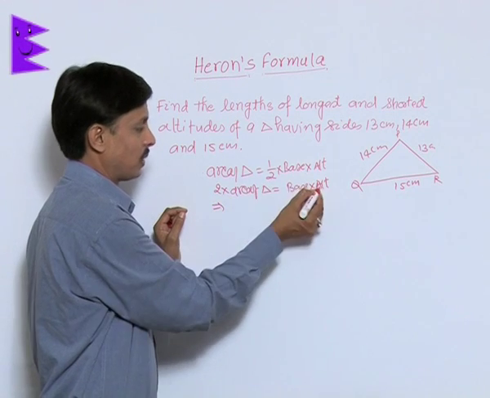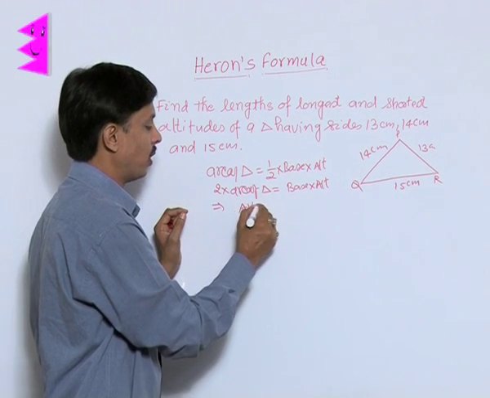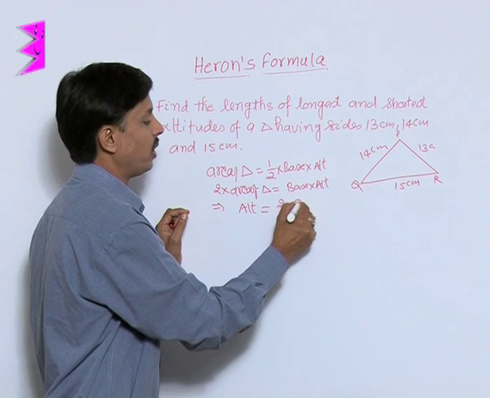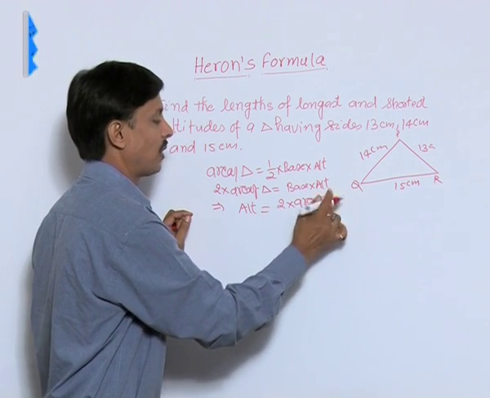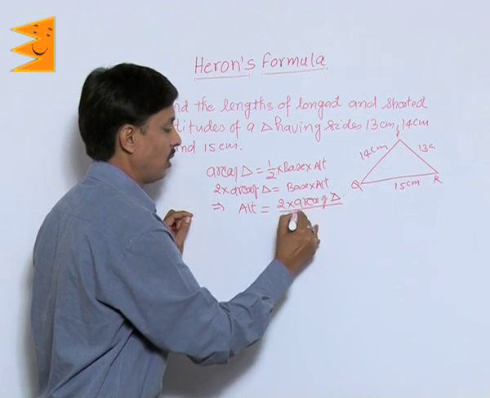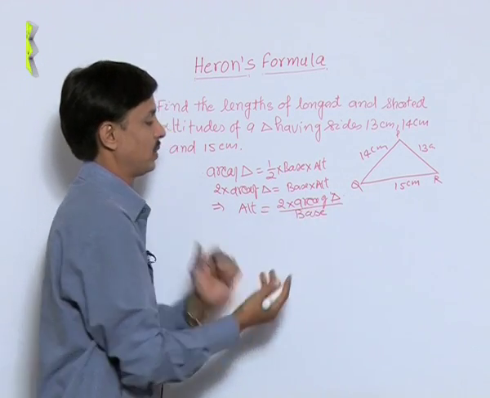So this implies the formula of altitude will be 2 into area of triangle upon which side? The base one.